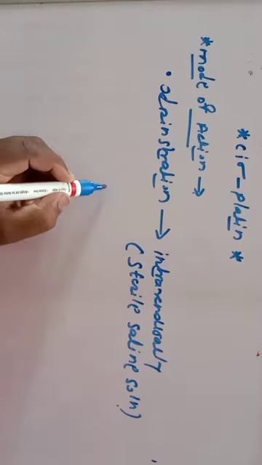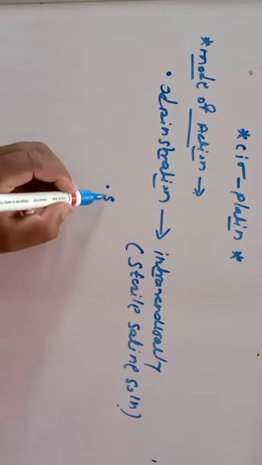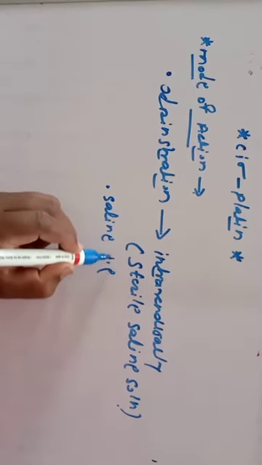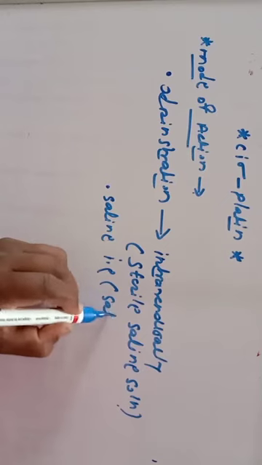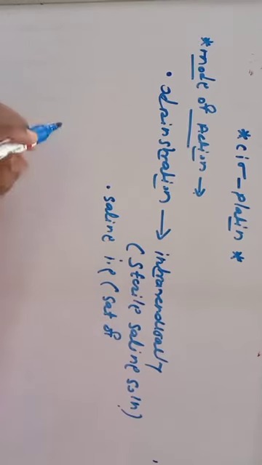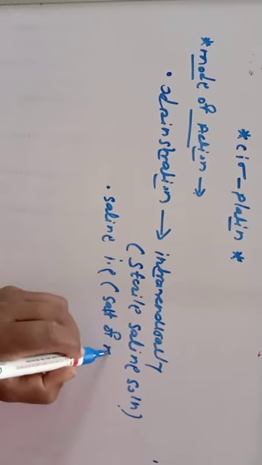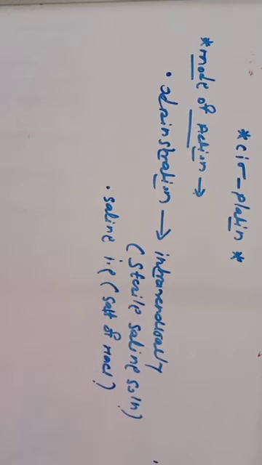So remember, saline is a solution containing the salt sodium chloride, NaCl. There are different routes of drug administration: inhalation, ingestion, and contact with skin and body.